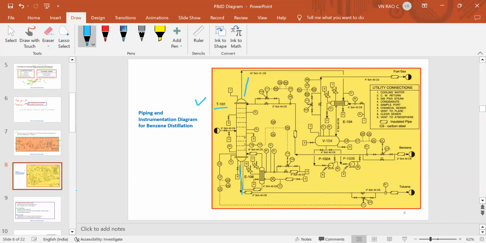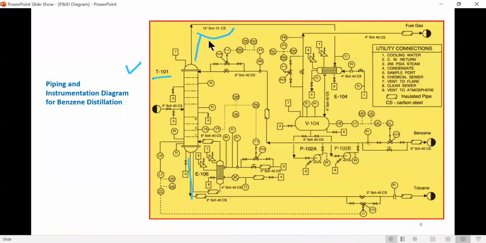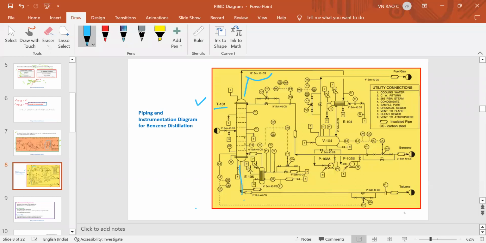Now there are certain things you can see. Let us say this is the piping. First is size 12-inch, schedule 10, and then carbon steel. That means this is not insulated, so there is nothing given here. Where is the insulation? You can see here, at the bottom portion, this is the insulation. There is a separate symbol given for the insulation.